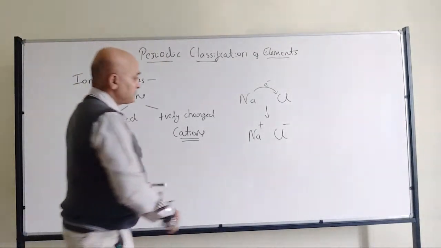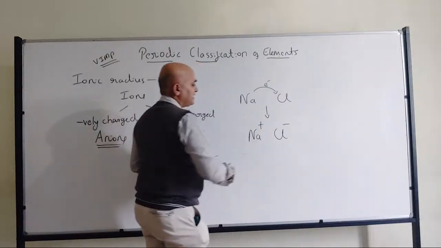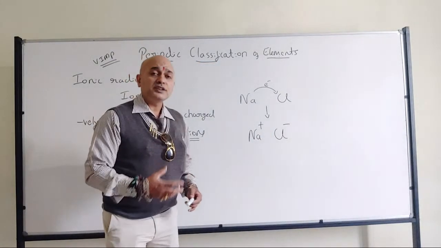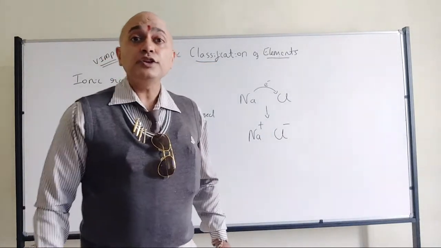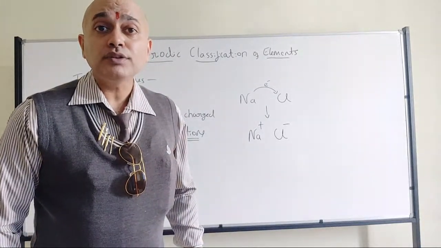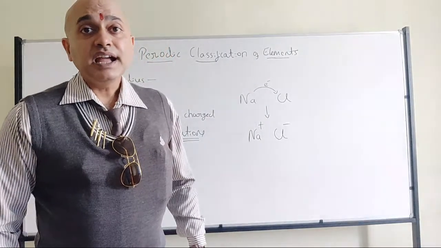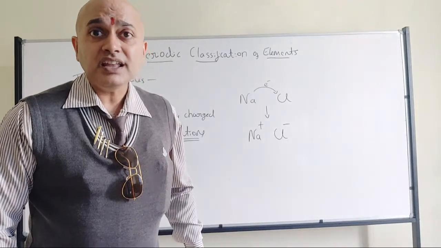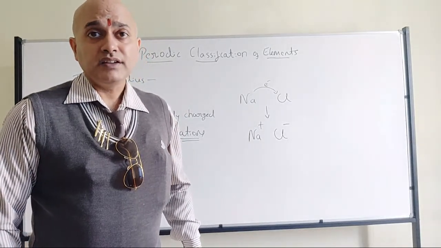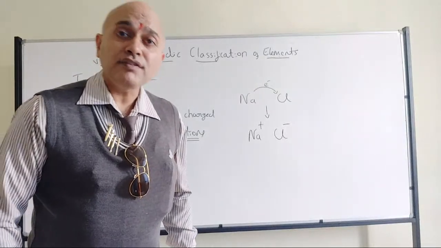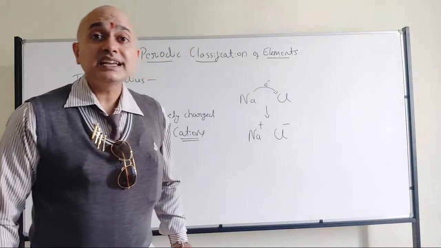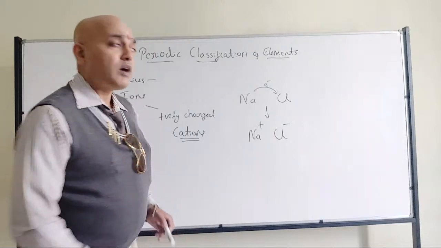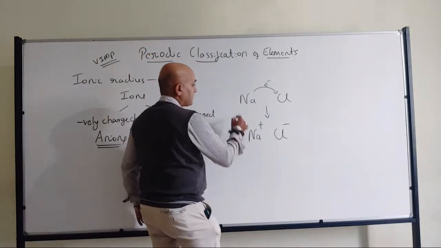So that's where I have the sodium chloride crystal. As a sodium chloride crystal, it is neutral because it has equal amounts of Na+ and Cl-. Now, what happens to their atomic number?